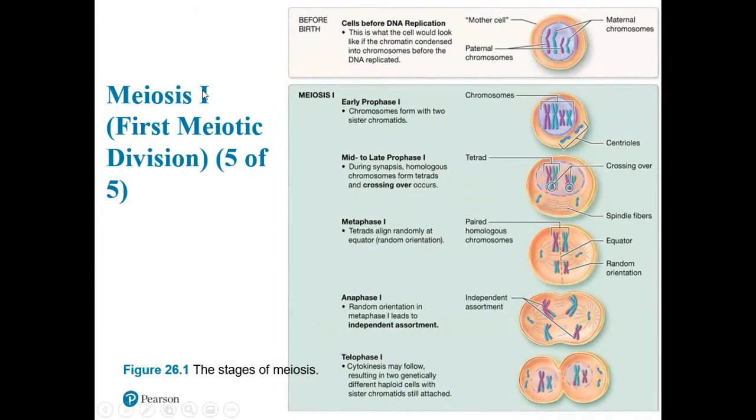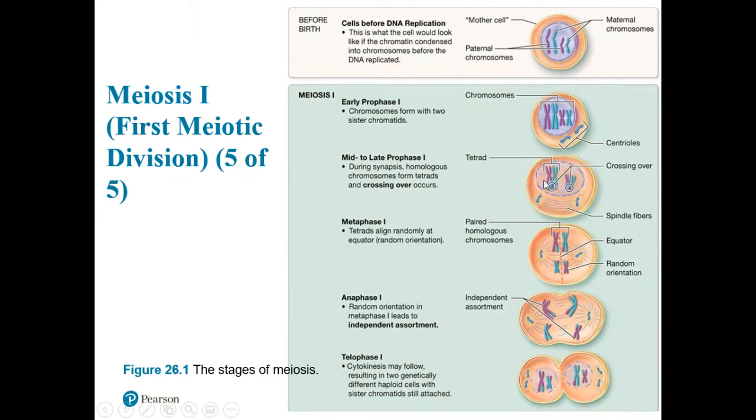So here we have meiosis 1. Okay, the first stage. We have a cell that just ended the cell cycle, right? It entered the division stage of meiosis. So the first division is called meiosis 1.